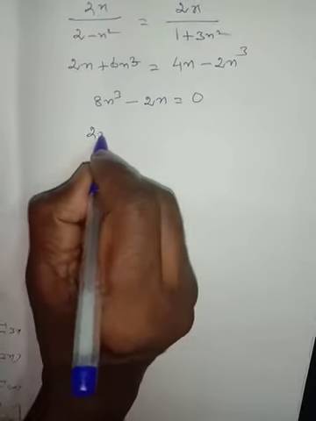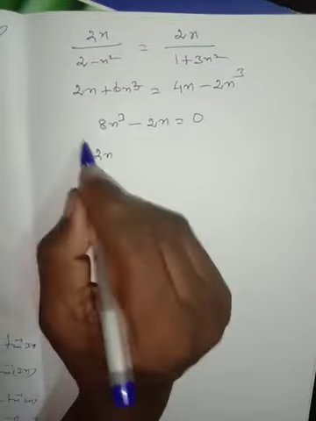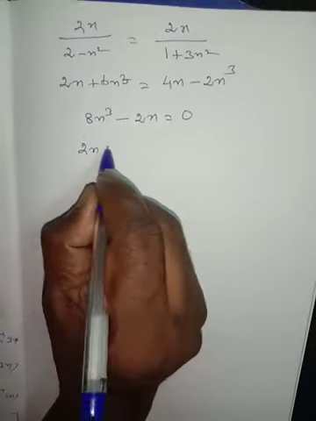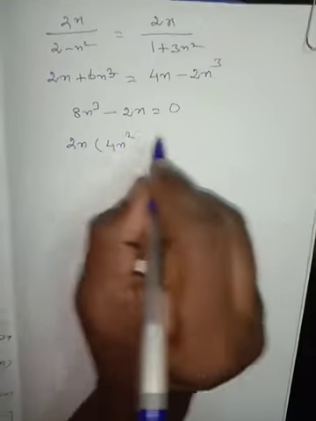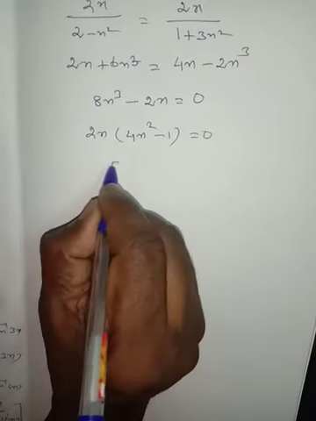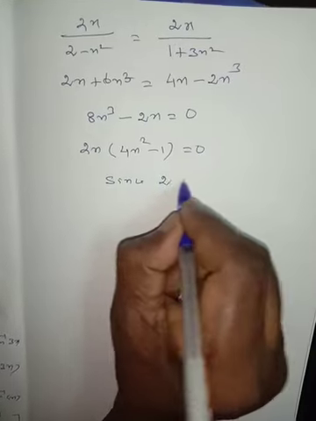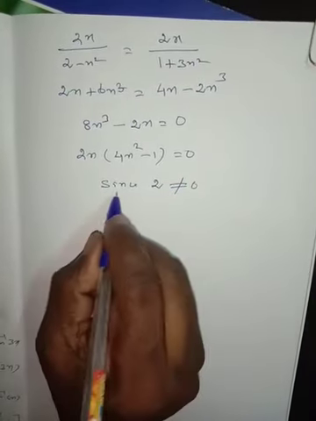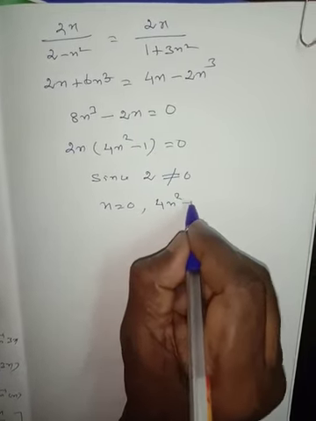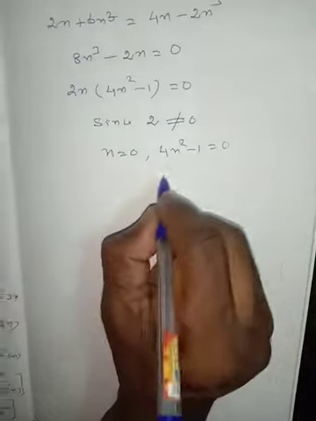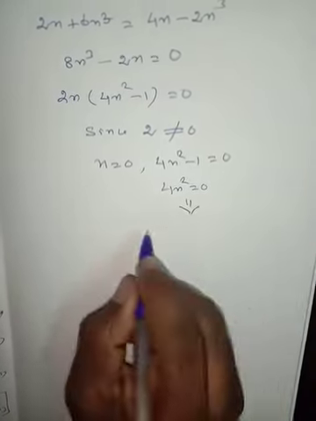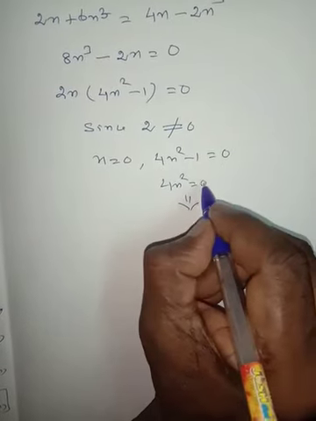2x is common. This is a third degree equation. Therefore, there are 3 solutions. What are they? 2x common, 4x square minus 1 is equal to 0. Since 2 is not equal to 0, therefore x is equal to 0, or 4x square minus 1 is equal to 0.